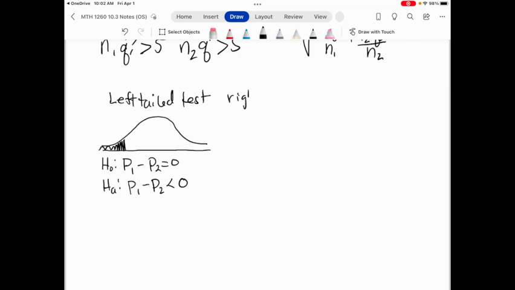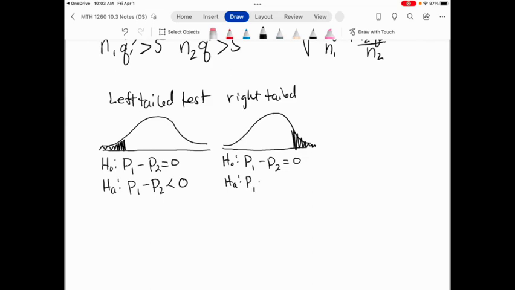For right-tailed test, you're going to have it when you're looking at your right tail. Your null hypothesis is going to be p1 minus p2 is equal to 0. And the alternative hypothesis is that p1 minus p2 is greater than 0.